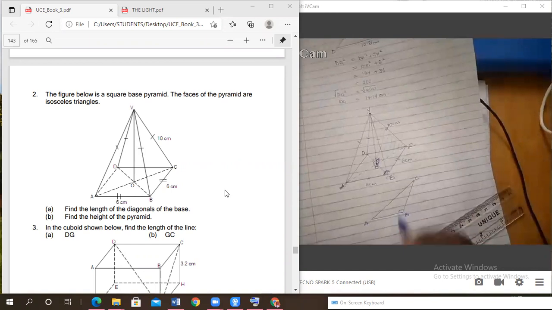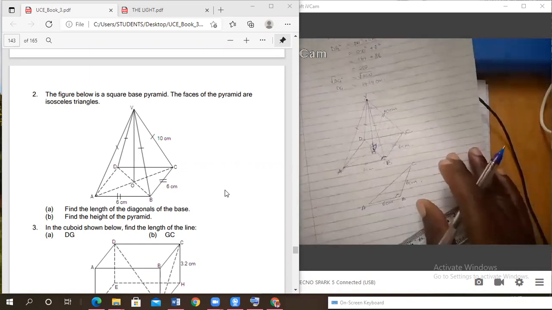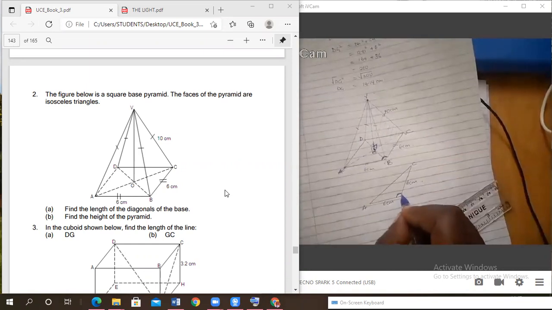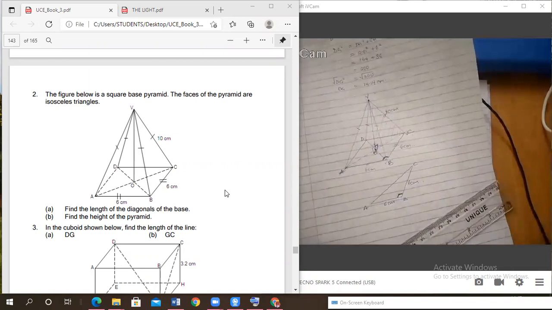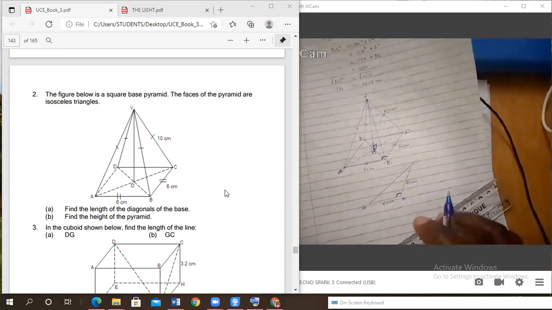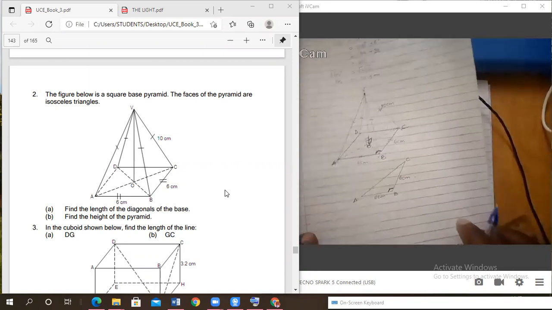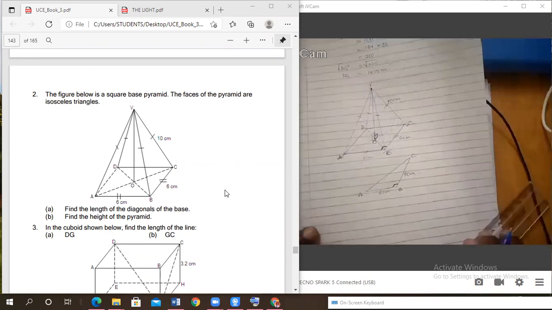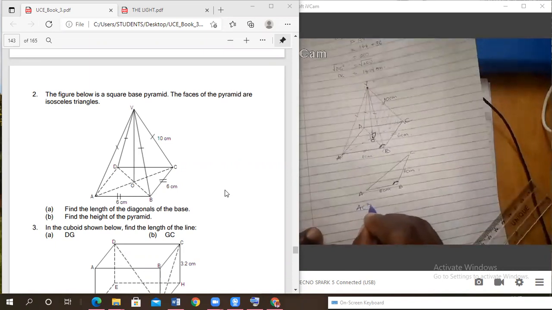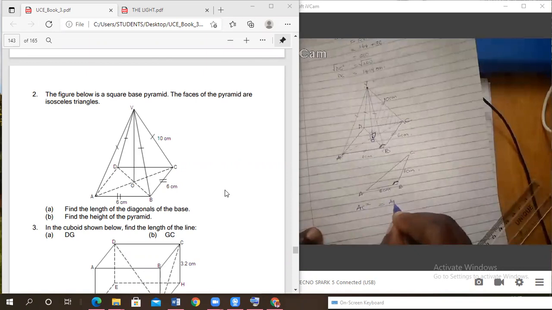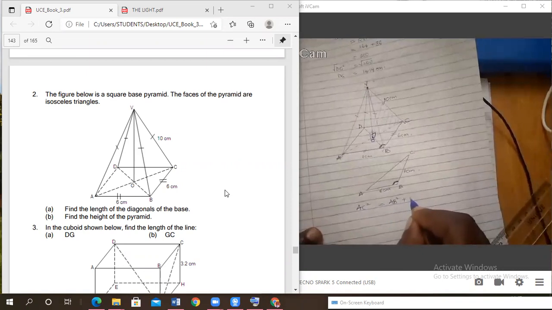So this is A, this is B, and this is C. They are 90 degrees. So this is 6 centimeters, and this is 6 centimeters. This is what makes this triangle 90 degrees. Now we are going to use Pythagoras theorem, and we shall say AC squared equals AB squared plus BC squared.